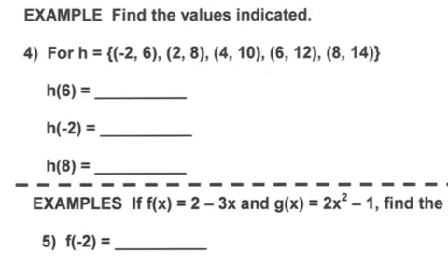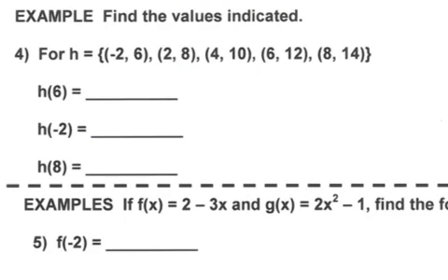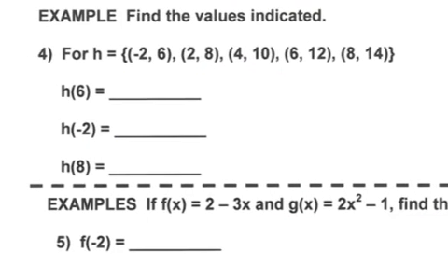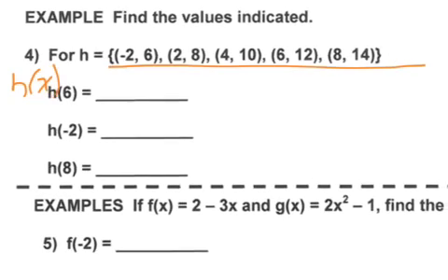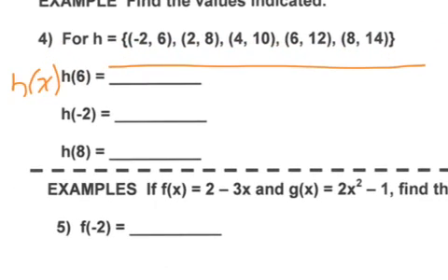Okay, here we're just playing a matching game. It's saying, okay, there's some function, h of x, and here's a list of ordered pairs that function has produced. So for h of 6, what is the range? Okay, what is the value? H of 6, we have h of 6 here, it produced a 12.